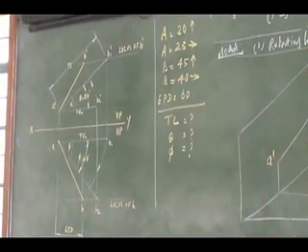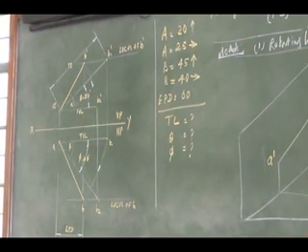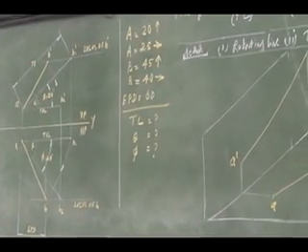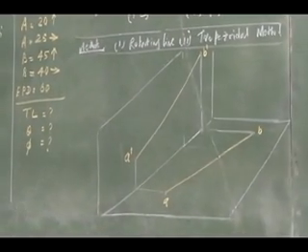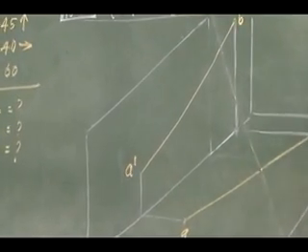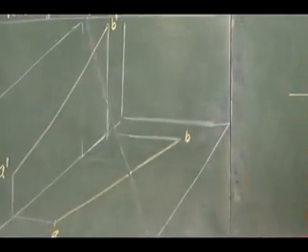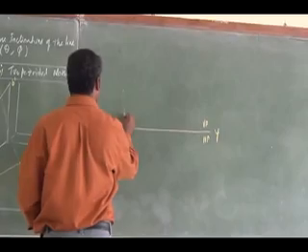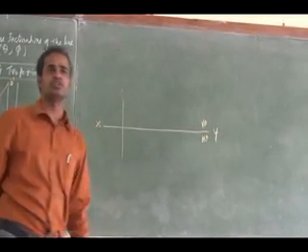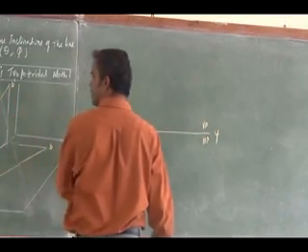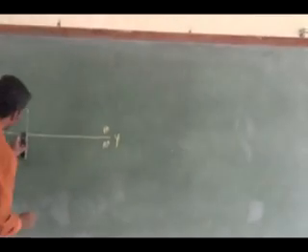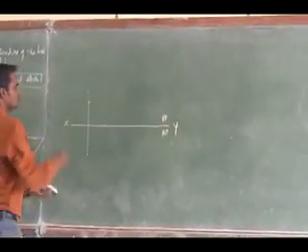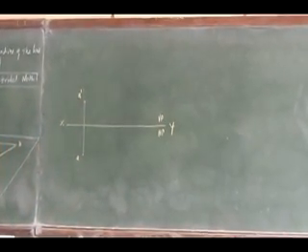The above distance of end B is 45. A is 20 mm above HP and 25 mm in front of VP. So this is A dash and this is A.